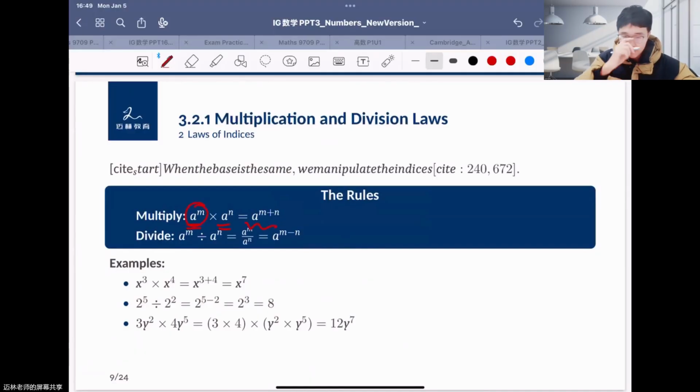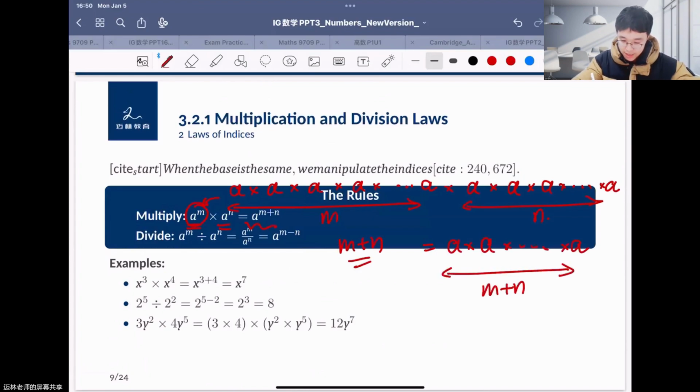The power m of a means there are m copies of a multiplied together, so a^m is m a's, right? And if you multiply by a^n, there are n a's, so the total number of a's is m plus n, right? So it equals a multiplied by itself m plus n times. That is the multiplication formula for a^m times a^n, okay?